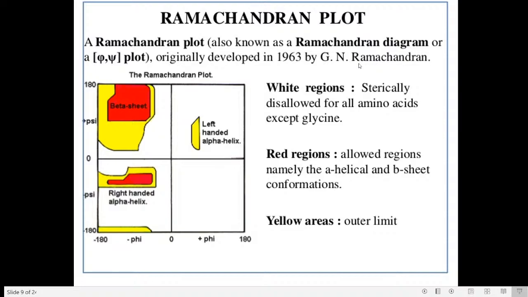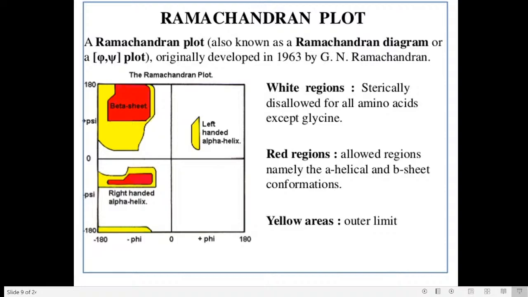In this Ramachandran plot diagram, we have phi and psi values plotted. The x axis has the phi value, and the y axis has the psi value.